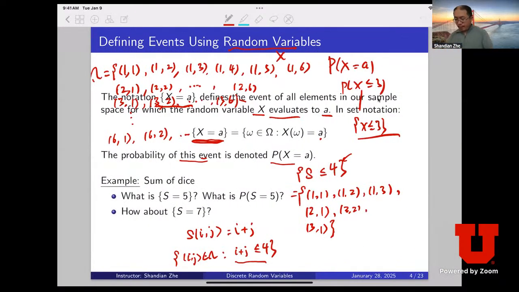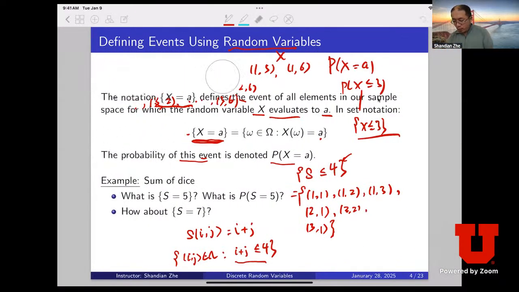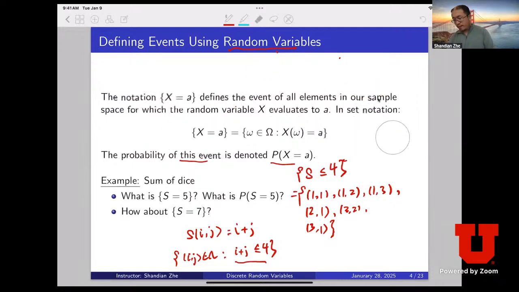With the definition of a random variable, we can redefine a lot of events. We can use the value that a random variable can take to define events.